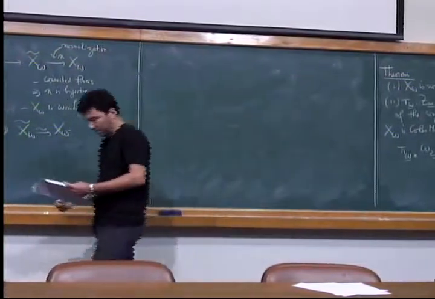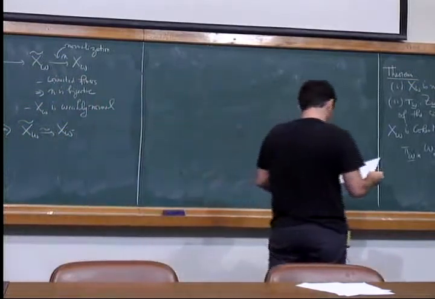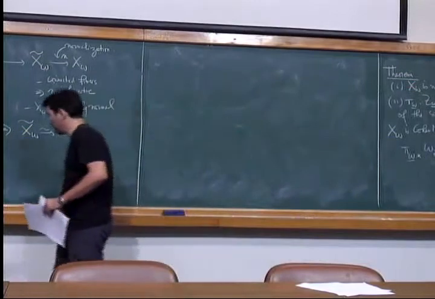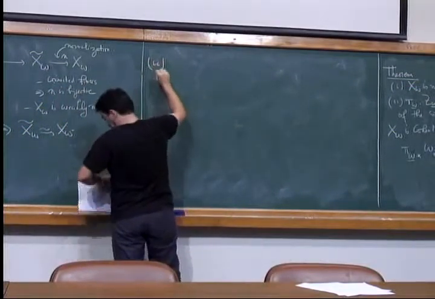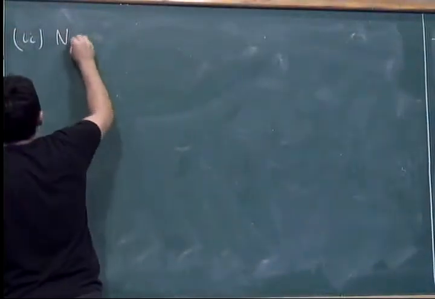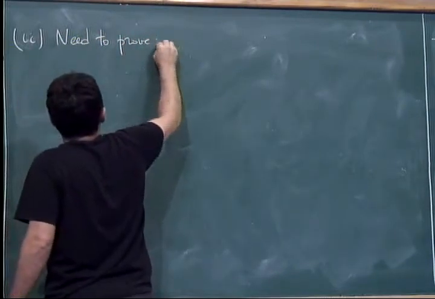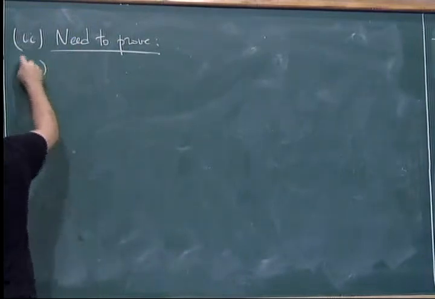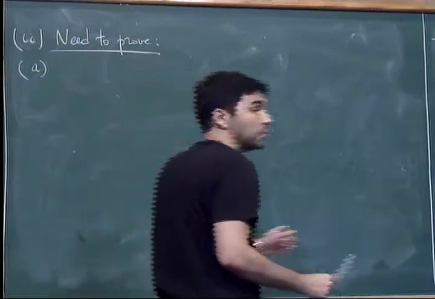So the second point of the theorem is for the rational singularities. So we need to prove three statements to get the fact that it is a rational resolution of singularities.